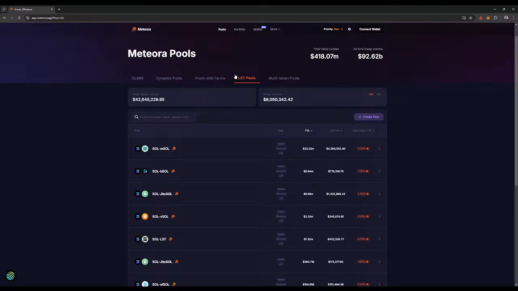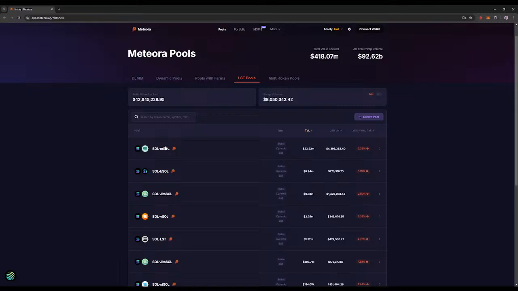What this does is, when we're adding liquidity in a stable pool, like a pool wherein we have Solana and Marinade Solana, we know that every epoch, Marinade distributes the rewards to MSOL.